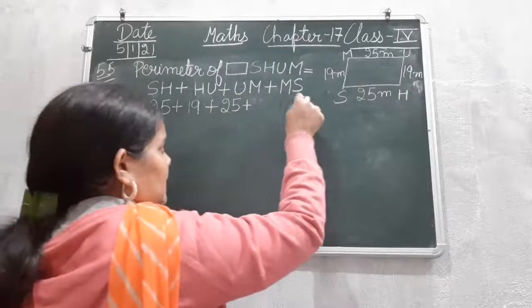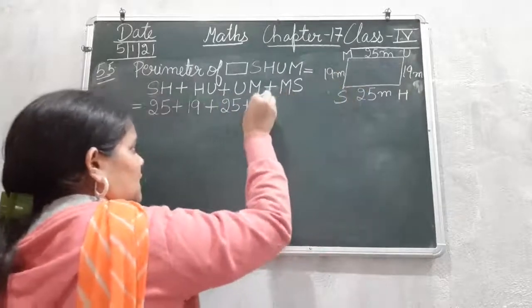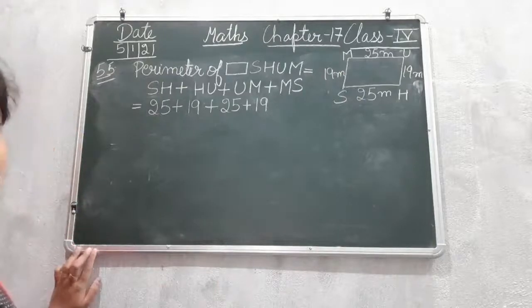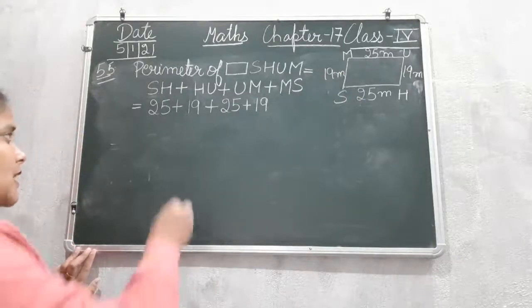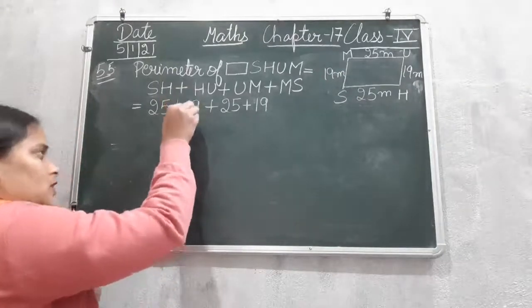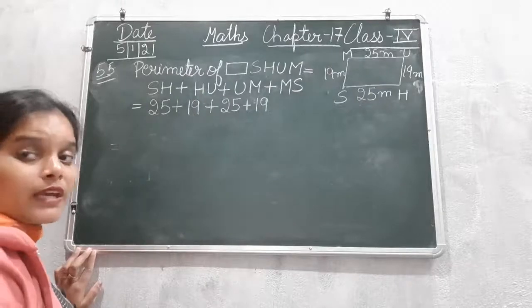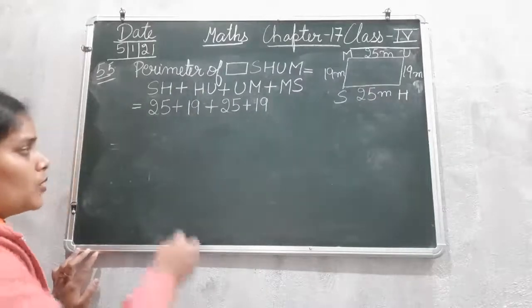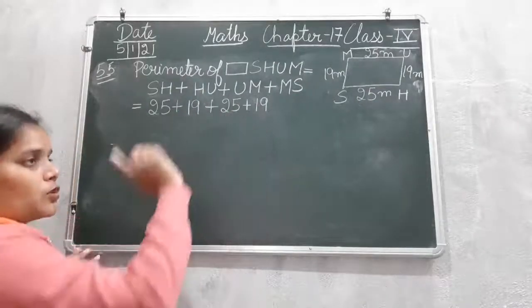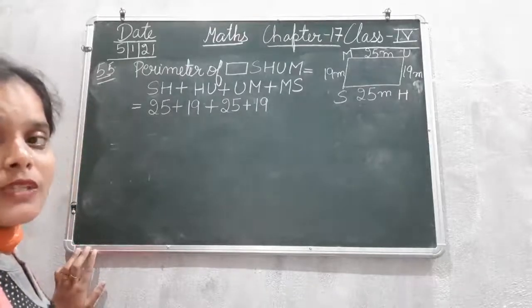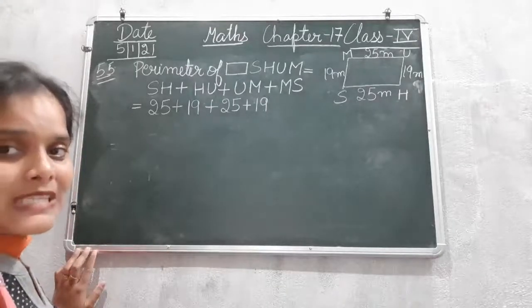The last is MS. MS is 19 meter. So these are the measurements of all the 4 sides of this rectangular field, that is 25, 19, 25, 19. तो देखिए 25, 19, 25, 19 दी हुई है हमें, because the two opposite sides of a given rectangle are equal, so that's why their measurement will also be same.